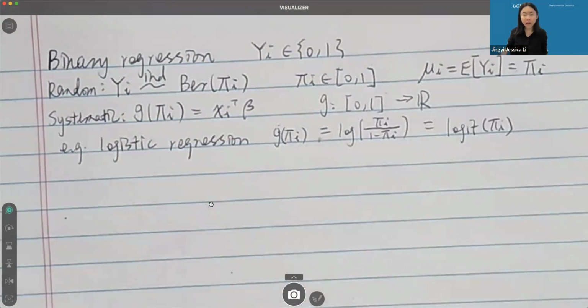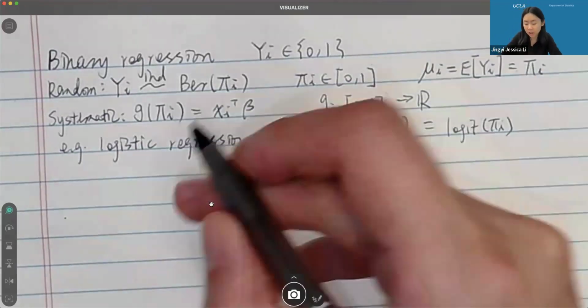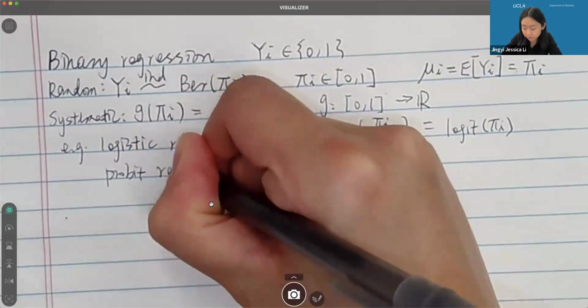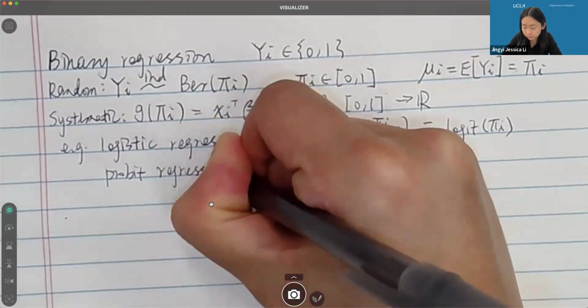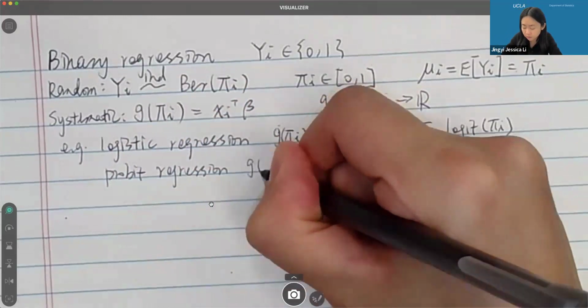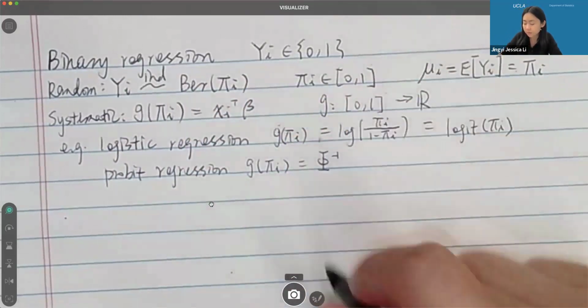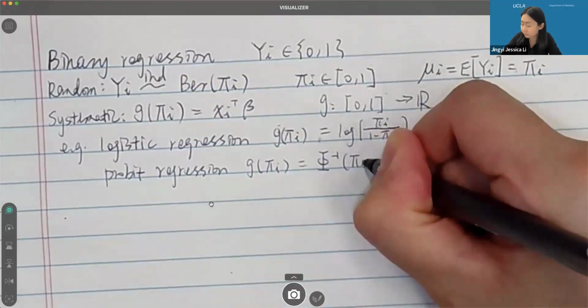Okay, but to help us understand other types of binary regression, if you recall, I mentioned probit regression, which is defined by defining g of pi i as the inverse of the CDF function of the standard normal.